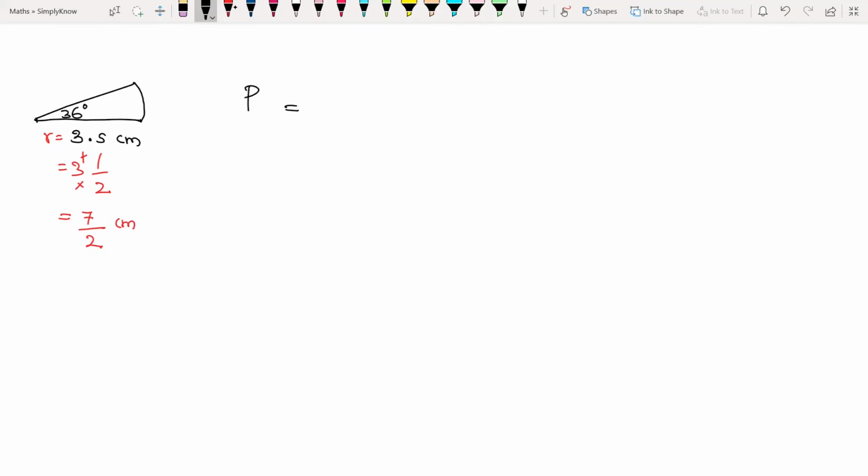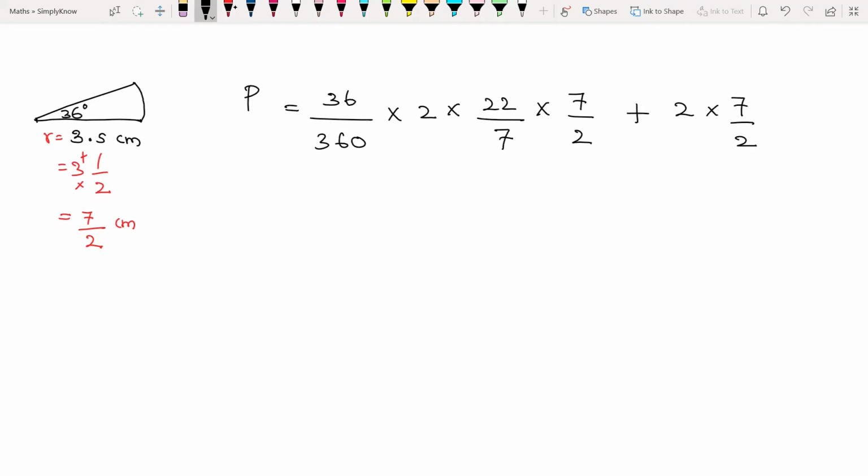The perimeter equals theta, this is 36 over 360 times 2 pi value 22 over 7 times r is, now we take 7 over 2 and plus 2 times 7 over 2.